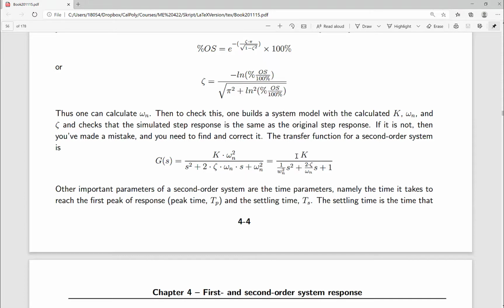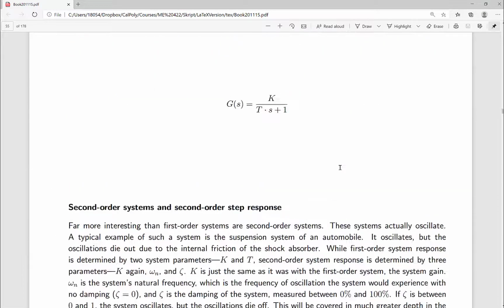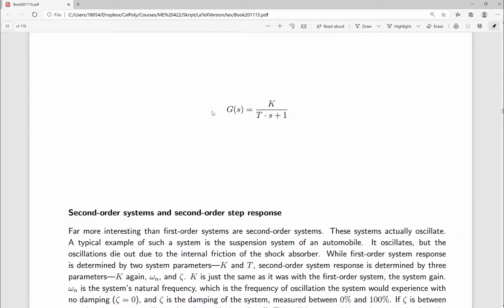The good thing about the version on the right is that you have a 1 right here in the denominator, the constant term. You need that for a certain reason, and we'll talk about that later in another video. Notice that the first order system that we were looking at before has a 1 as the constant term in its denominator also.